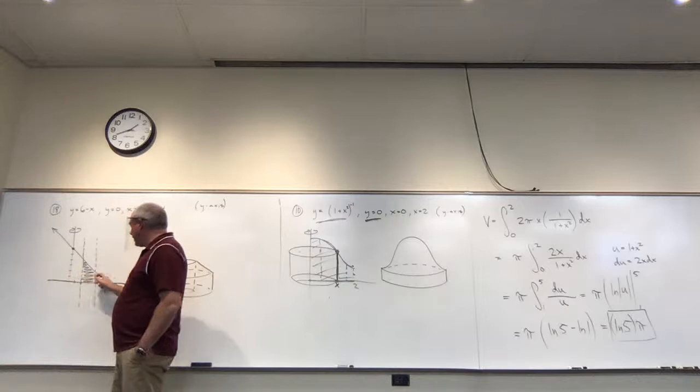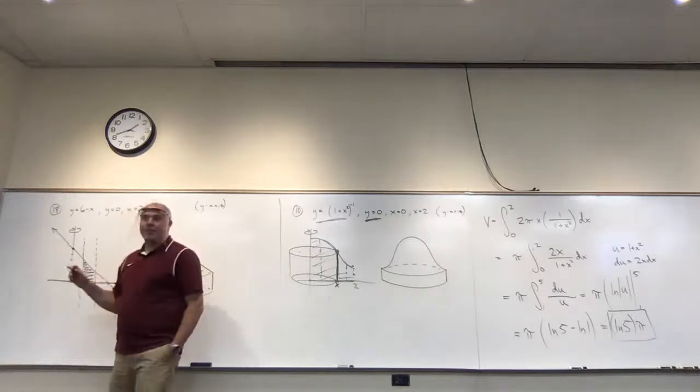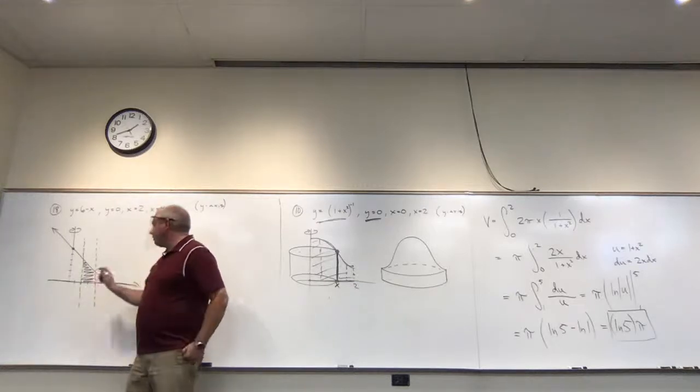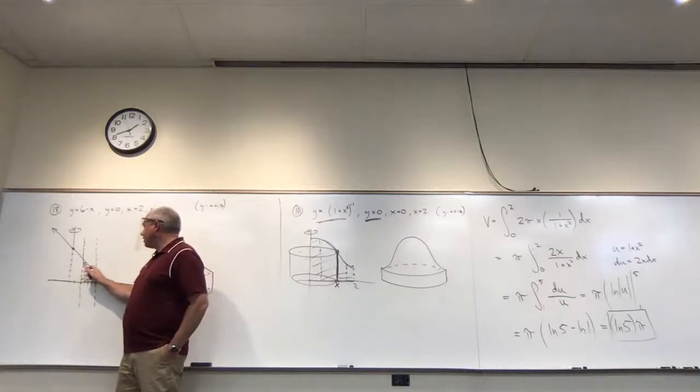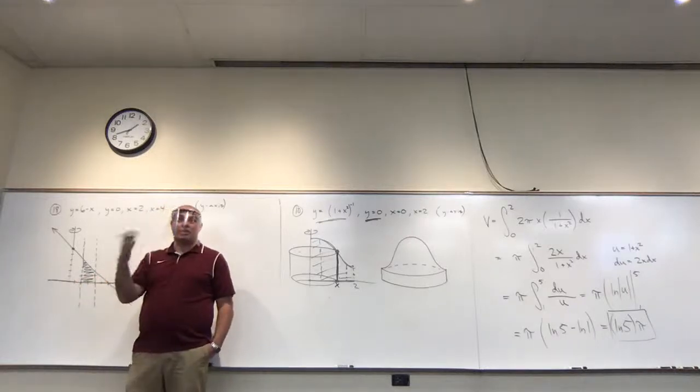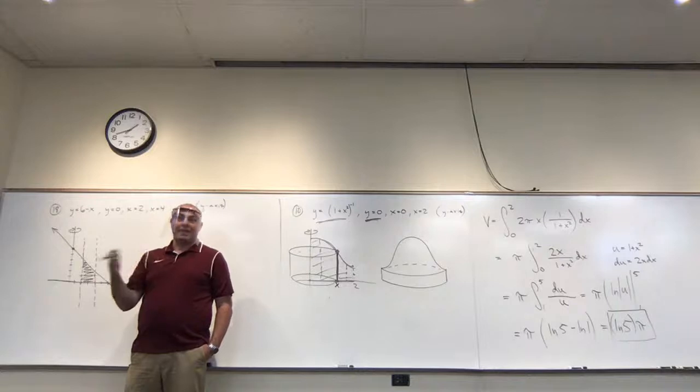Why does cutting this direction make me feel bad about myself? I'm going to have to break it into two intervals, because up here this is the top function and this is the bottom function. Down here, this is the top function and this is the bottom function. So it switches. I don't like that.